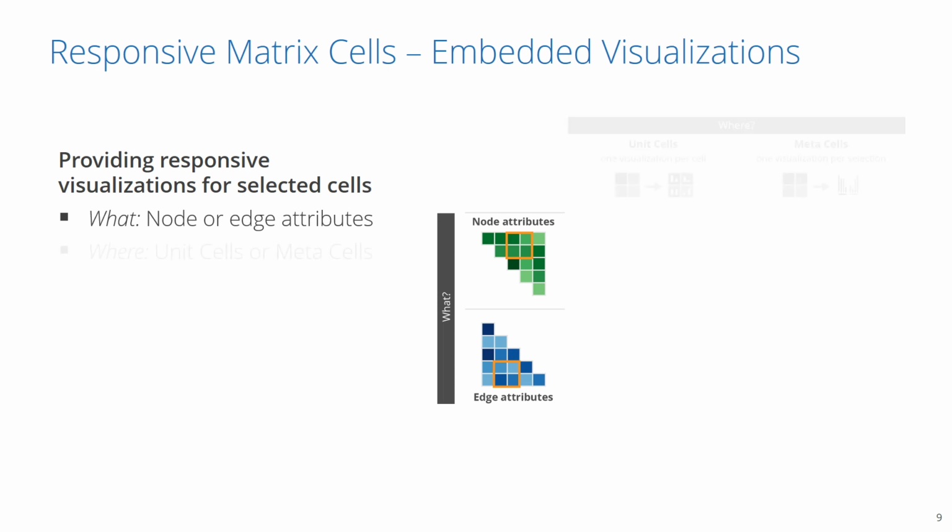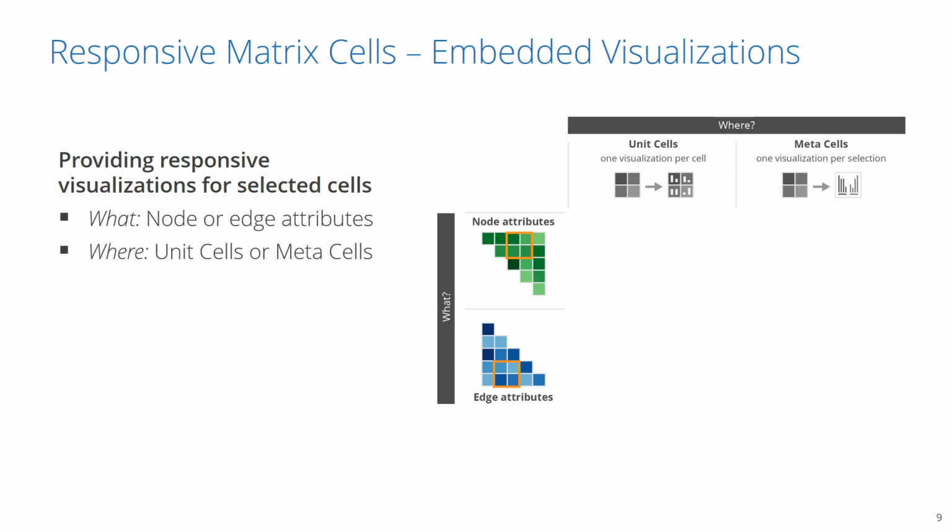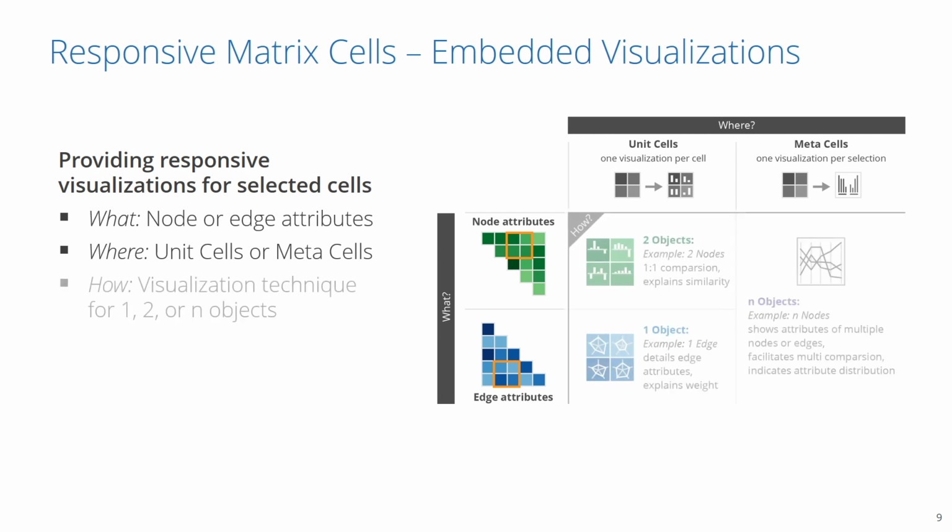The visualizations can be embedded in two ways, either in the individual cells, called unit cells, or in a meta cell that spans the selected cells. The what and where also imply what needs to be visualized, so either one, two, or n objects. In consequence, this affects which specific visualization techniques are suited.